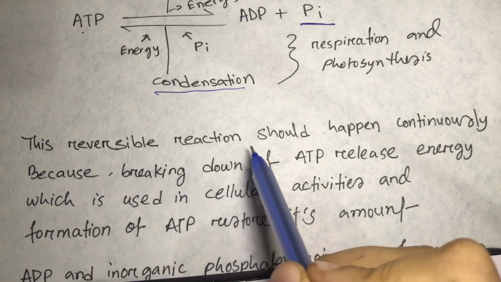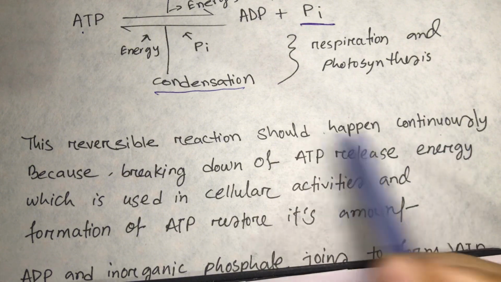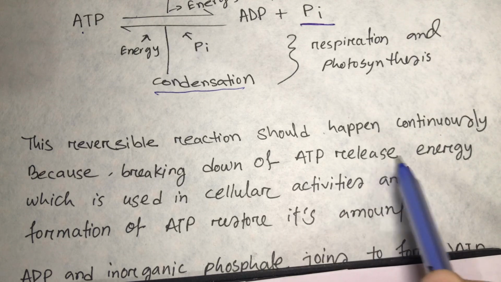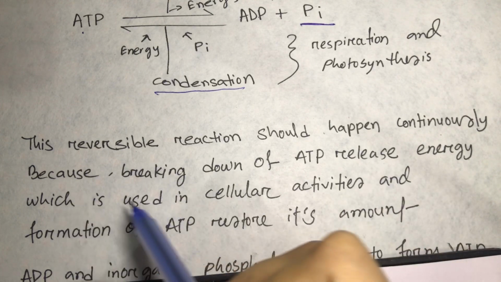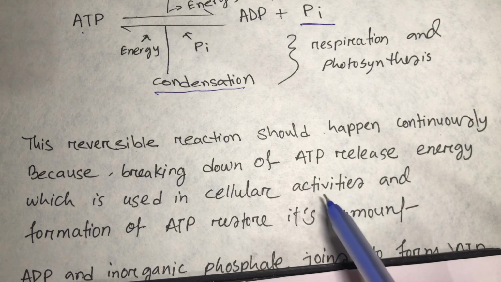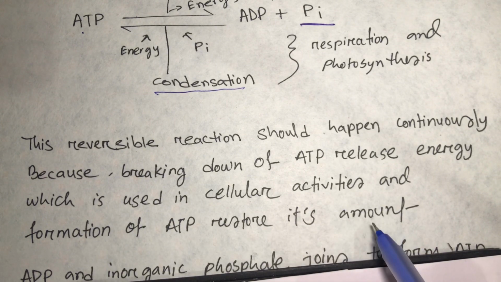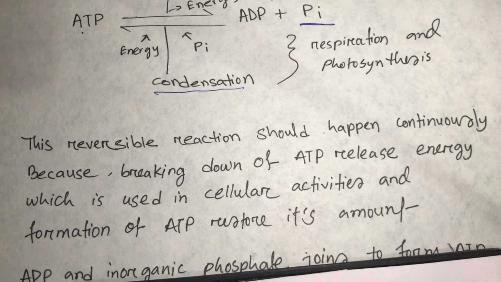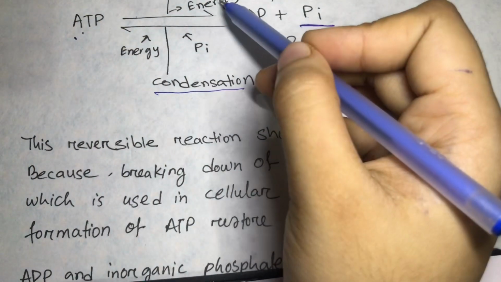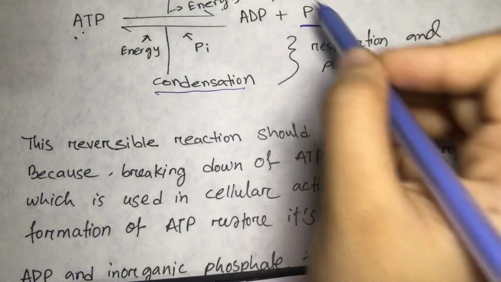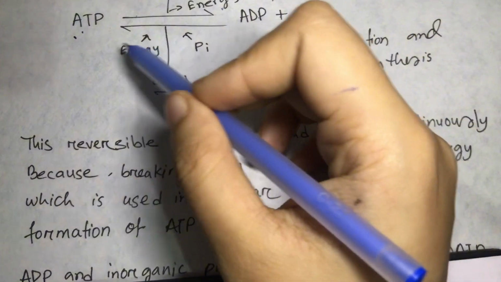This reversible reaction should happen continuously because breaking down of ATP releases energy, which is used in cellular activities, and formation of ATP restores its amount. It's quite interesting, right? When it breaks, it gives us some energy, and when it gets condensed, it uses up some energy.